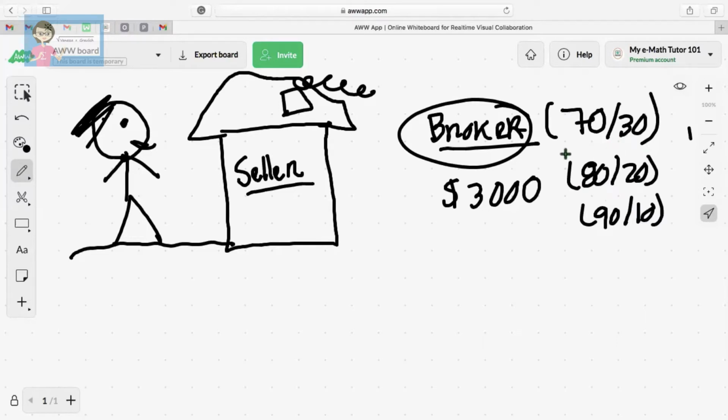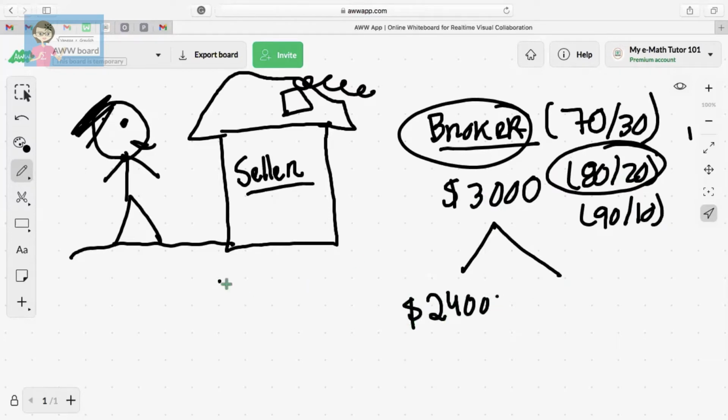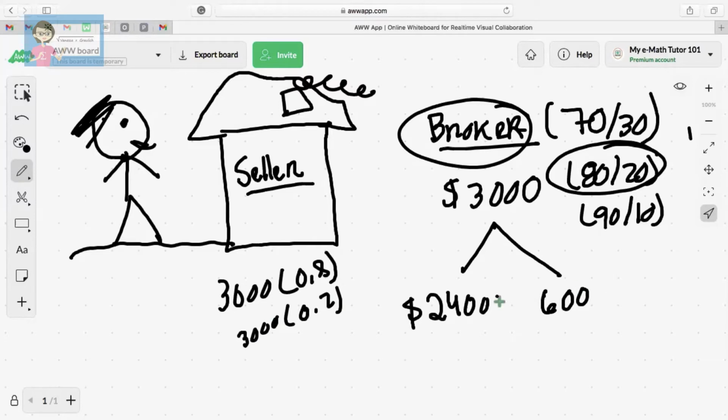Let's just say that you are in this piece right here, right? That means that out of the $3,000 commission, if you do 80% of 3,000, this is going to be $2,400, right? All you do is 3,000 times 0.8, and that's going to give you this. And then if you do 3,000 times 0.2, that's what the broker is going to get, the $600.